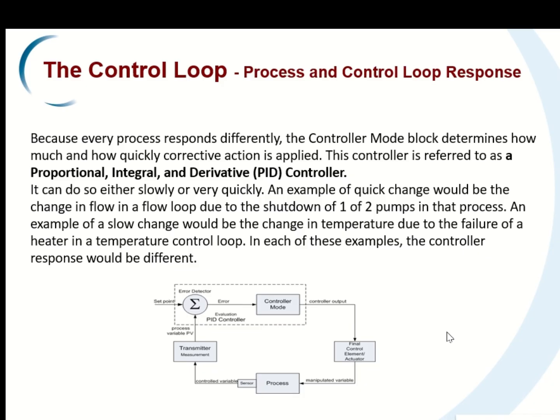An example of a quick change would be the change in the flow loop due to shutdown of one or two pumps in the process. An example of a slow change would be a change in temperature due to failure of a heater in the temperature control loop. In these examples, the control response would be different. So some are quick, some are slow responses.